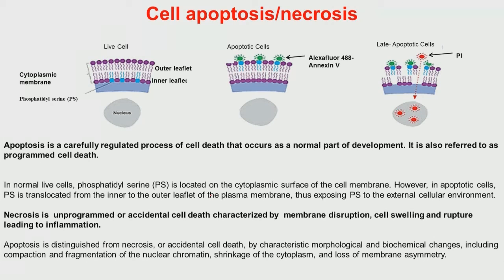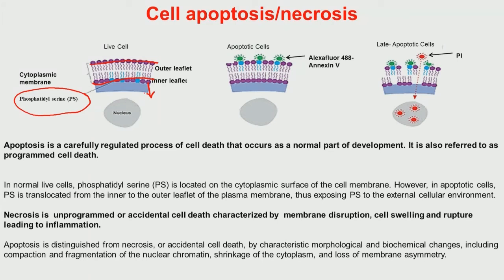The cell membrane has a double lipid bilayer structure. In a live cell, you have specific molecules, phosphatidylserine, which is always located towards the cytoplasmic side of the cell membrane, attached to the inner leaflet.